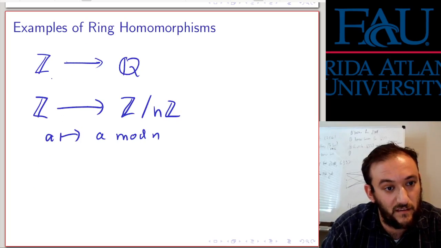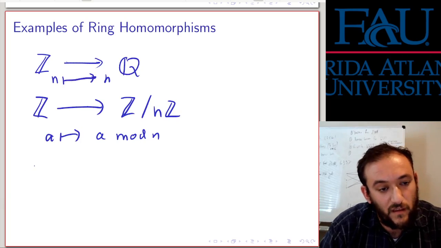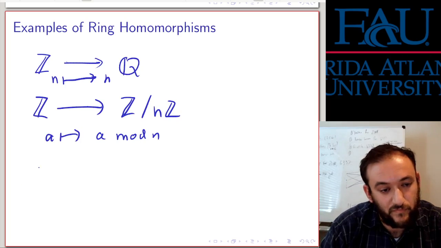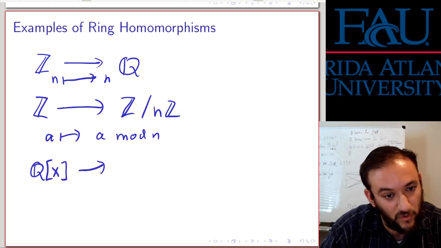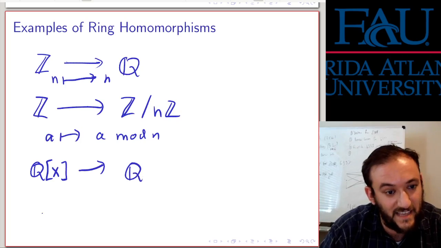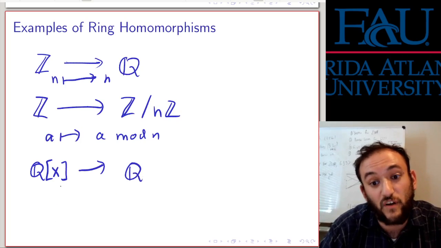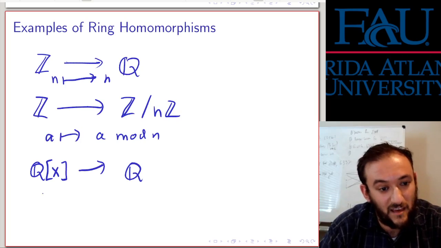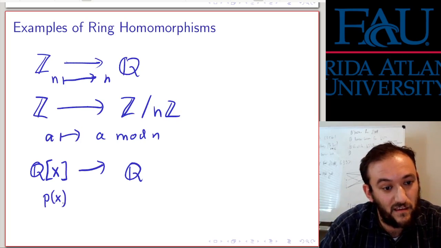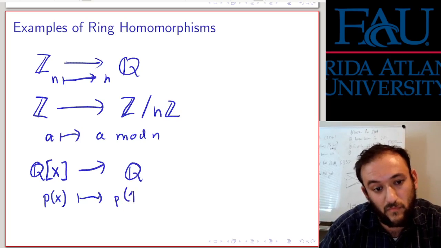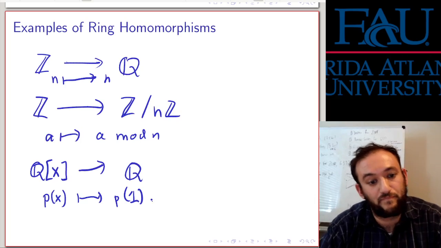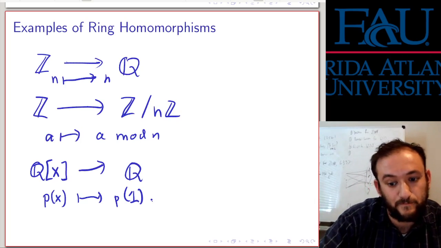I'll just say n maps to n. And another homomorphism would be if we have polynomials with coefficients in the rationals, and we map to the rationals by considering these as functions of x, taking p of x, and evaluating it at x equals 1. Okay, these are all homomorphisms.